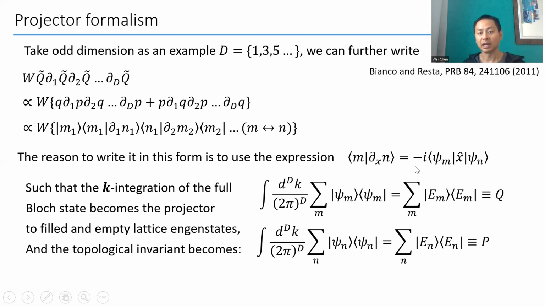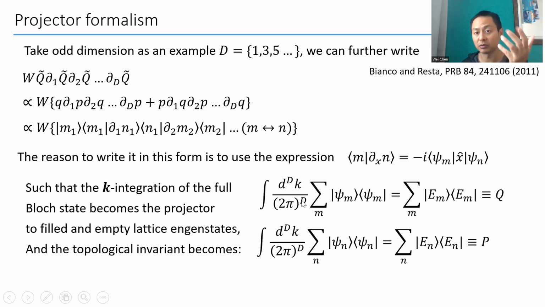Yeah. And moreover, remember in the front of this expression, you integrate over momentum, right? And it turns out that the integration over momentum plus these projectors altogether actually becomes the projectors into the lattice eigenstates. Because remember here that you have the projectors to the conduction band states, which are all positive energy at specific momentum, right?